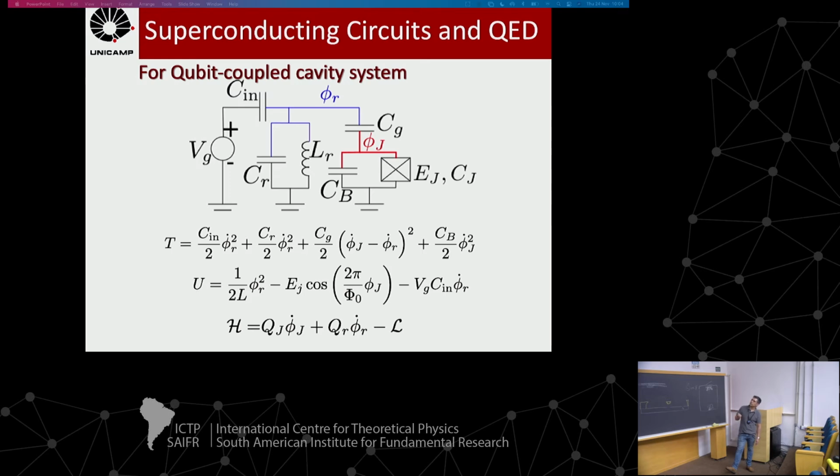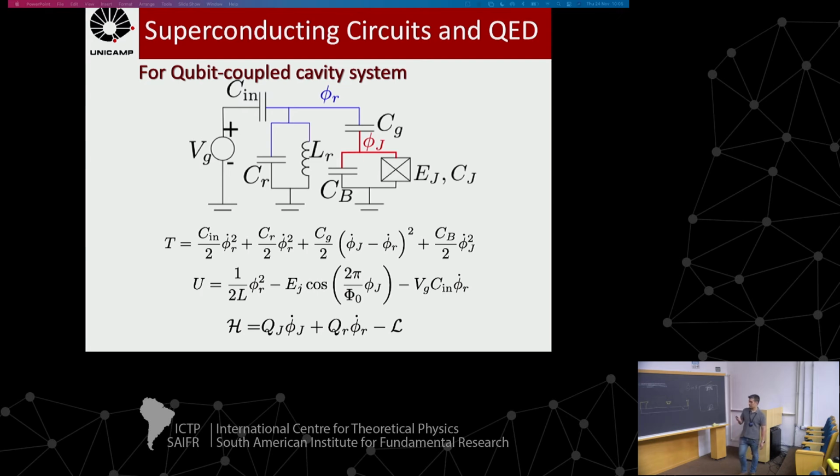Then you do the same thing for CR. Then for CG. But in CG, you have the voltage in this island here in blue, and the voltage in the island in red. So you have to put the difference between the two voltages. Then you have to add the voltage because of this capacitor here. Then you have the potential energy because of the inductor here, the Josephson junction, and because of the source that's putting energy into your system.